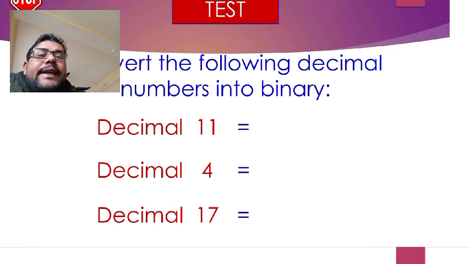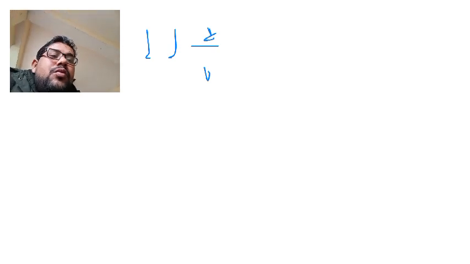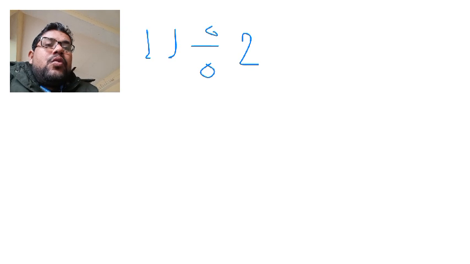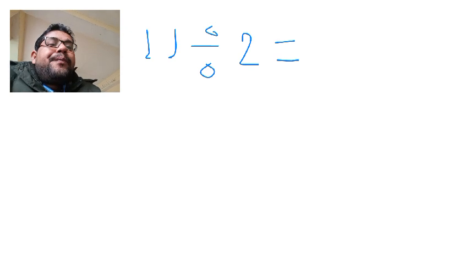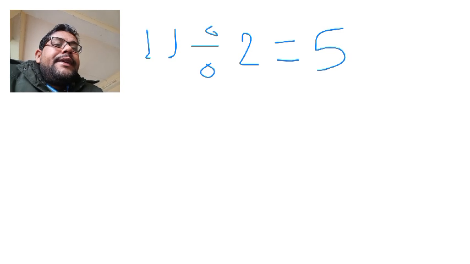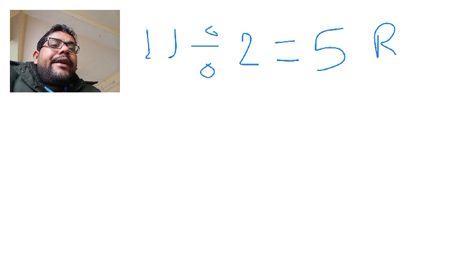First we take 11. 11 divided by 2 goes 5 times, 5 multiplied by 2 is 10, and the remainder is 1.